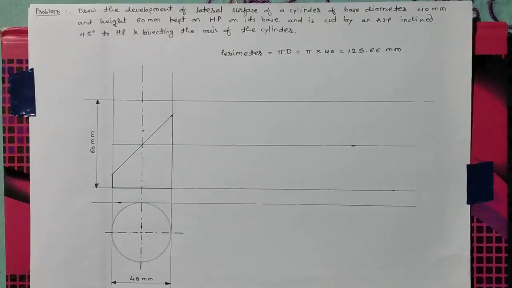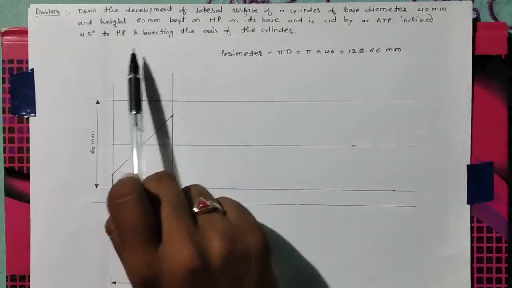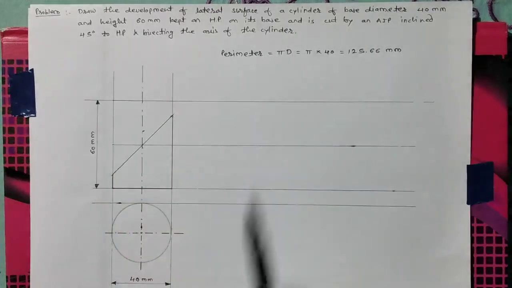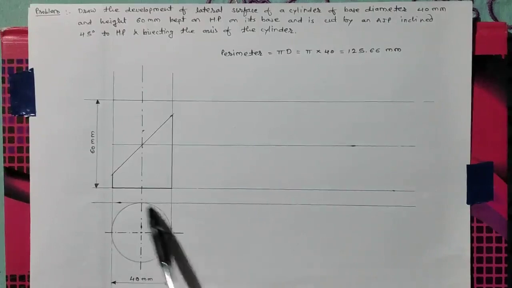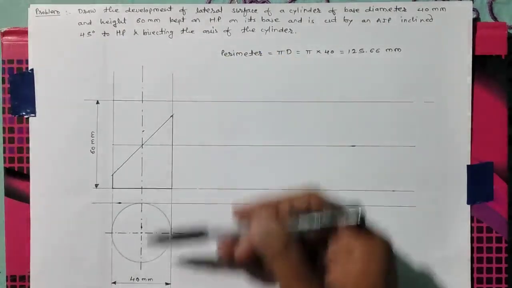After that, the second condition is given: this cylinder is cut by an AIP inclined plane at 45 degrees to HP and bisecting the axis of the cylinder. Draw the center line from this circle of the top view. This is one center line and this is another center line.